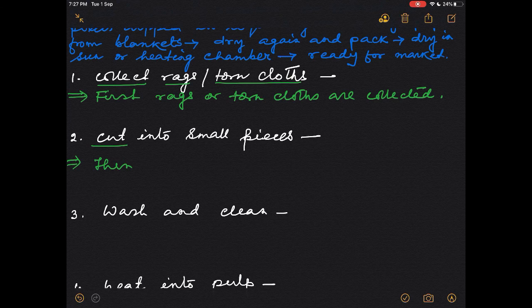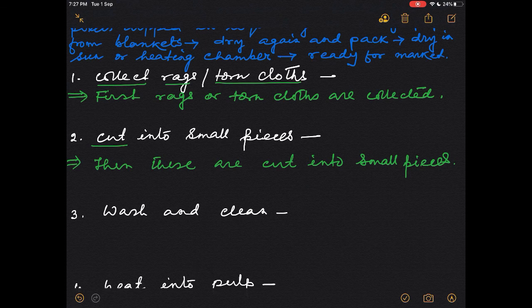Here no object is given. So the object is what? Rags or torn cloths. So use then, these. Then these are cut into small pieces. These are cut into small pieces.